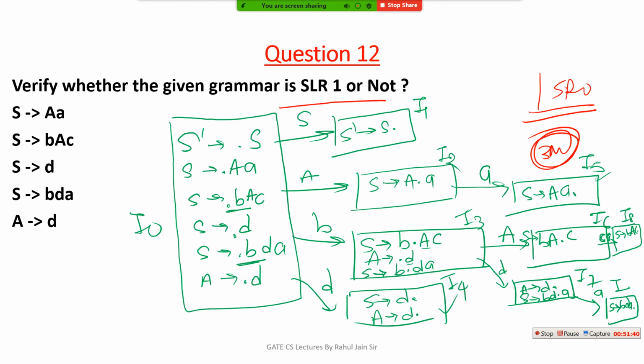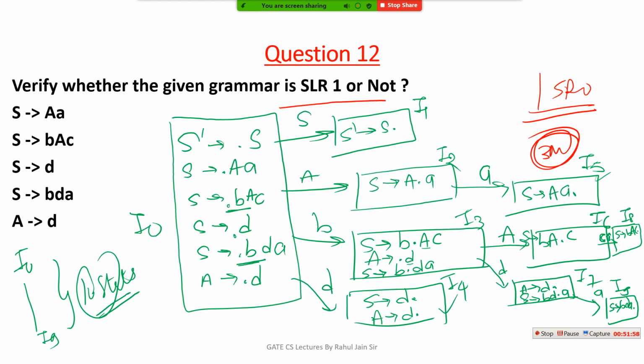It is my I9 state. So the total number of states I am getting is from I0 to I9, means total 10 states, guys.